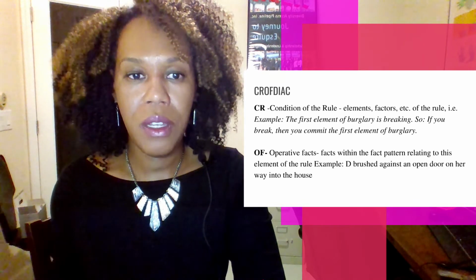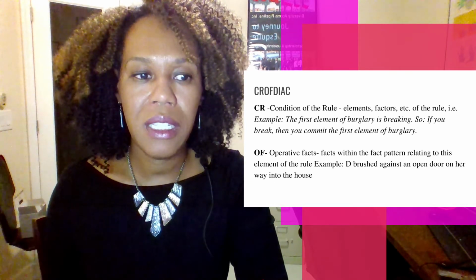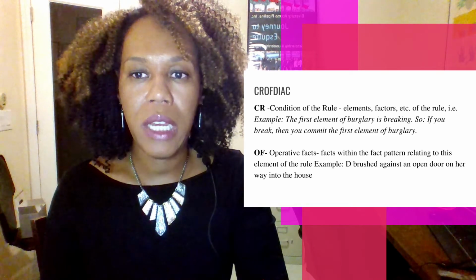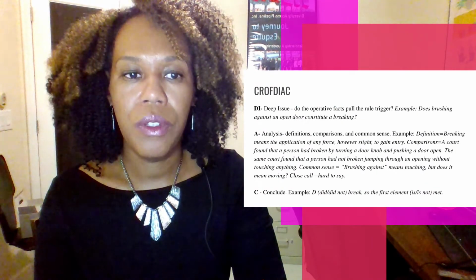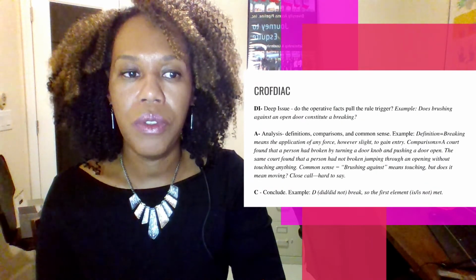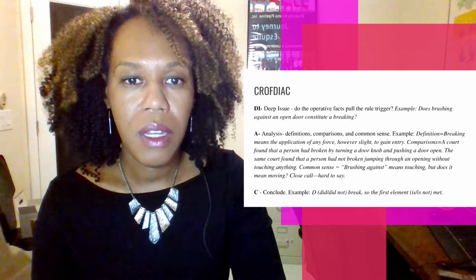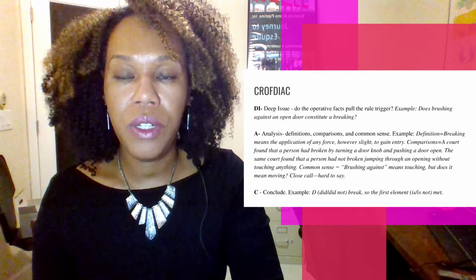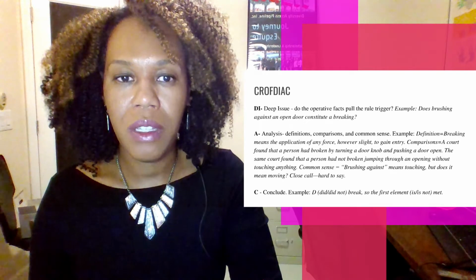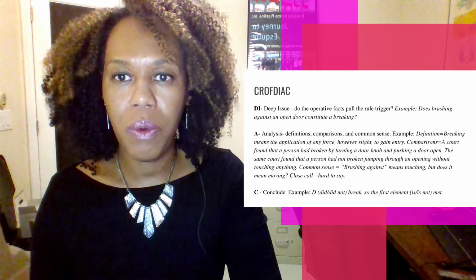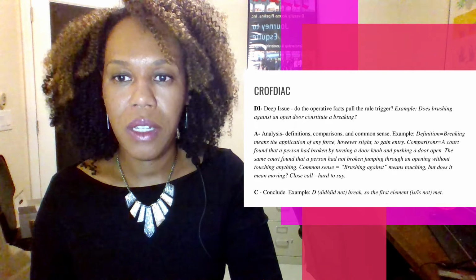So for OF, operative facts: facts within the fact pattern relating to this element of the rule. An example here is D brushed against an open door on her way into the house. So DI, deep issue. Do the operative facts pull the trigger? And here's an example. Does brushing against an open door constitute a breaking? If you take criminal law, then you know there's always this discussion about what is breaking, what is entering, right?